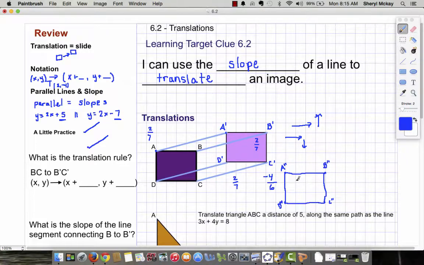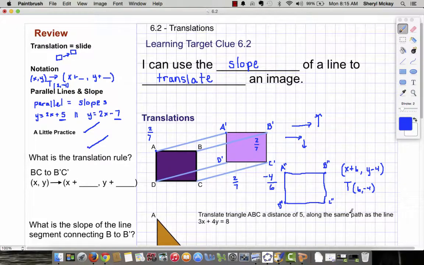But the actual translation was a -4/6, right? Or if we were going to write it in translation notation, we would say x plus 6, y minus 4. Do you see how I did that? Or we would say T 6, -4. Okay?